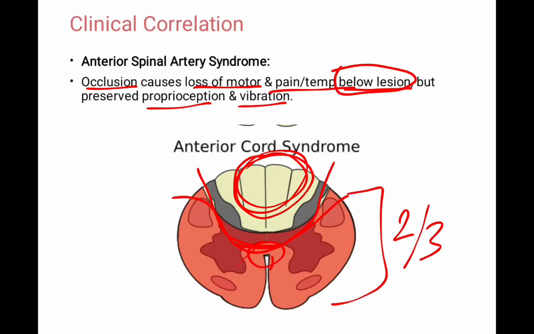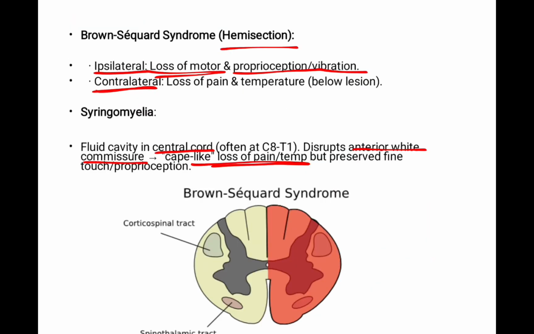So anytime there's an affectation around the anterior white commissure, you're going to have a defect with pain and temperature sensation, but preserved fine touch and what? Proprioception. There's preserved fine touch and proprioception in syringomyelia.